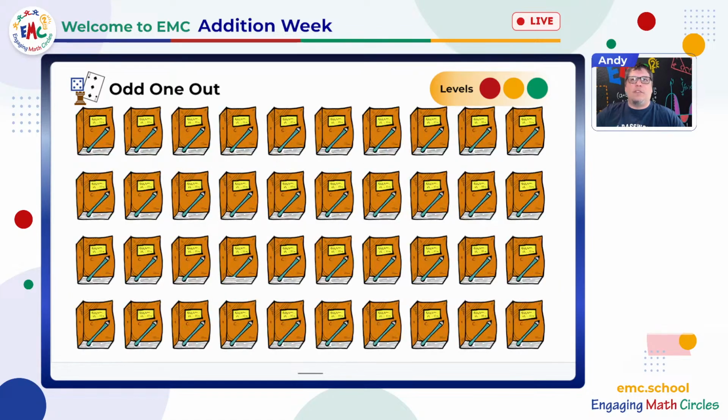Remember, you can pause for these. Going back to the book, you can pause your screen for these. It's in row 3 if you need a hint.